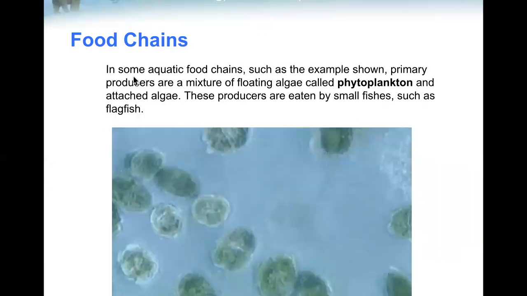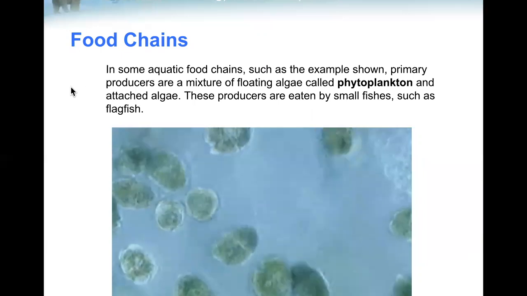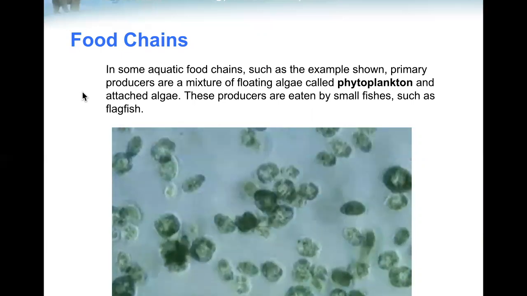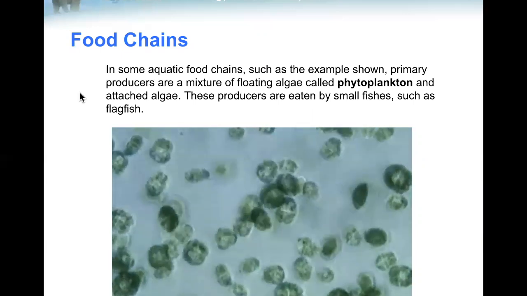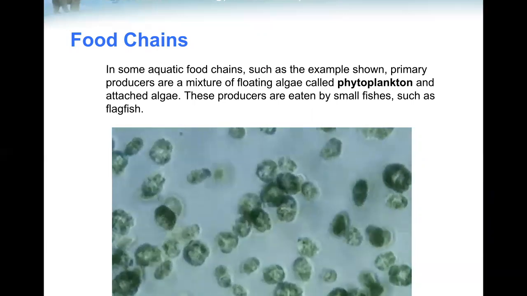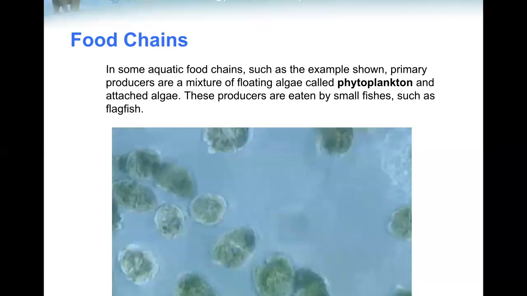In some aquatic food chains, such as the example shown, primary producers are a mixture of floating algae called phytoplankton and attached algae. These producers are eaten by small fish, such as flagfish.